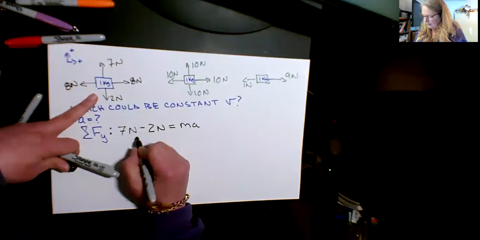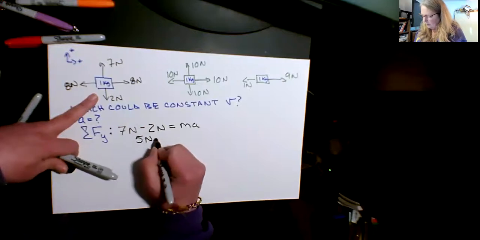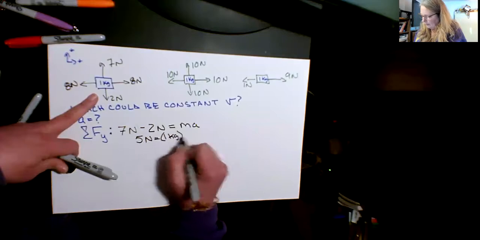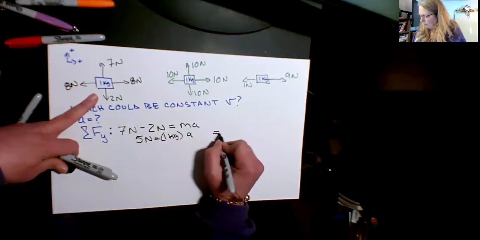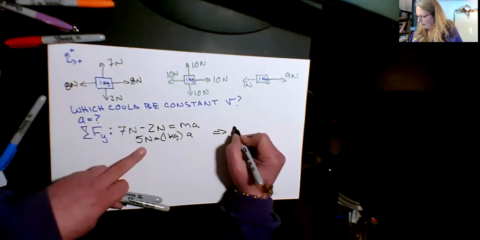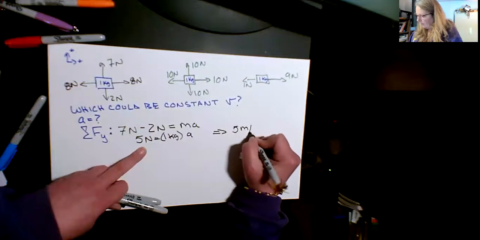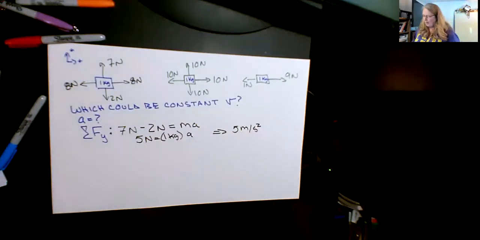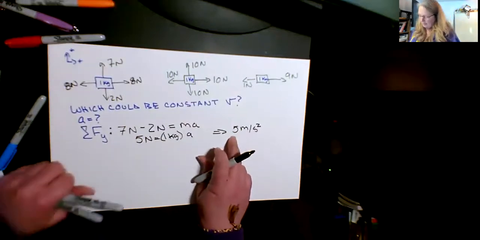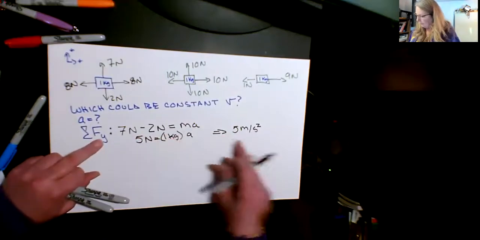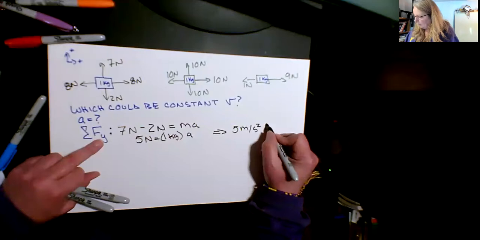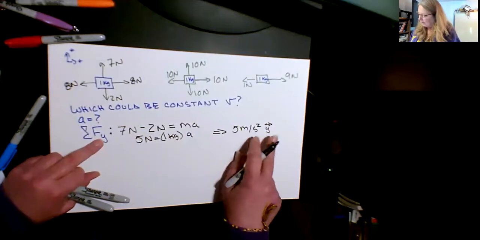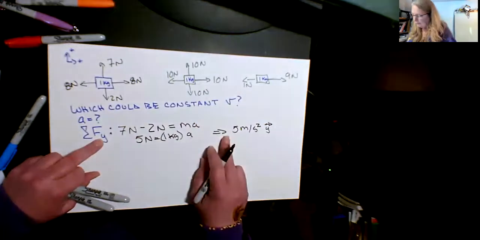I can simplify this to 5 newtons equals 1 kilogram times acceleration, or 5 divided by 1, I am accelerating at 5 meters per second squared. Sweet. And my sign is positive, so that acceleration is in the positive y direction.